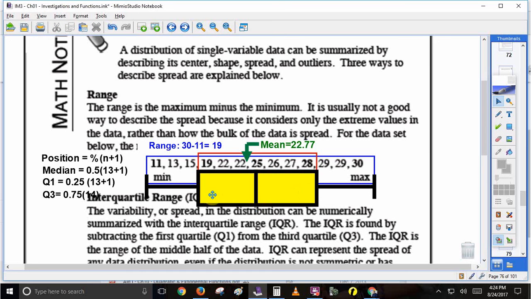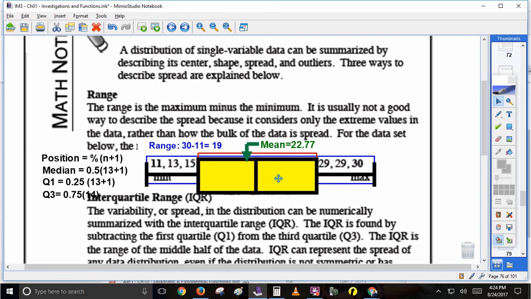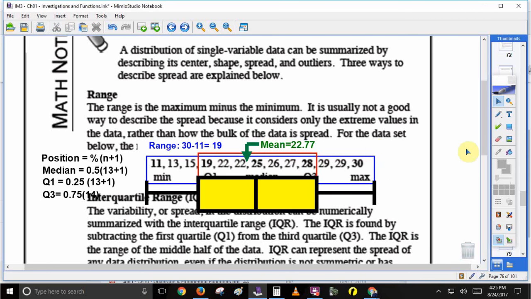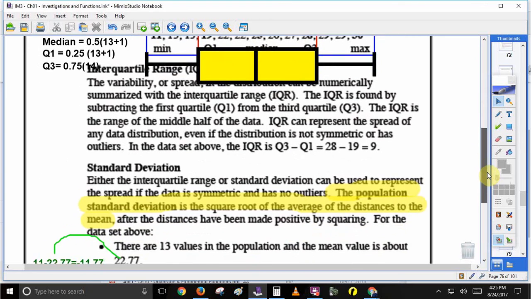To draw a box and whisker plot, you draw a number line first, and you put your leftmost line on the minimum value and your rightmost line on the maximum value, and then you put a line at Q1, Q3, and the median, which is also Q2. And you have a box that represents the spread of the data. So when we have our data lined up, you can kind of imagine just a box and whisker plot sitting right on top of that. I'll talk about that more in the next slide.